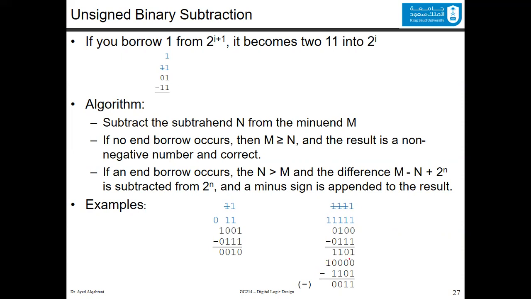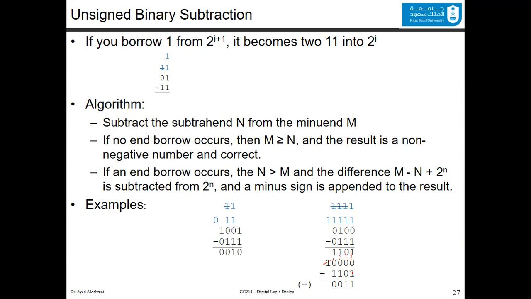Now you have this 0, 0, 0, 0, and 1, and you subtract it from this number. And you know that in the subtraction, you can't borrow anything from here. So you take this out, and you put 1 here, and 1, 1, 1, 1, and 1 and 1.